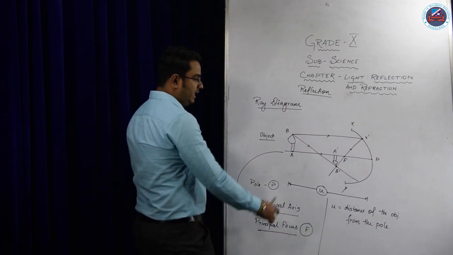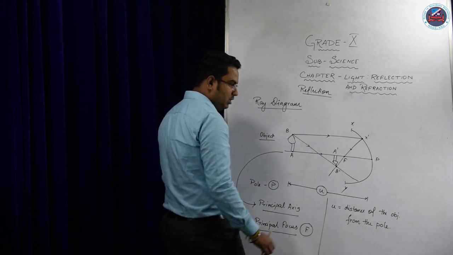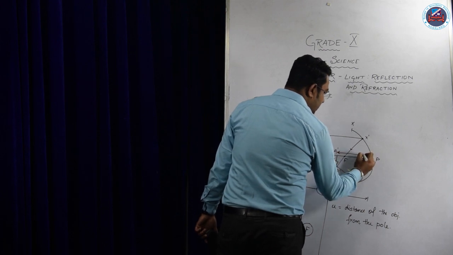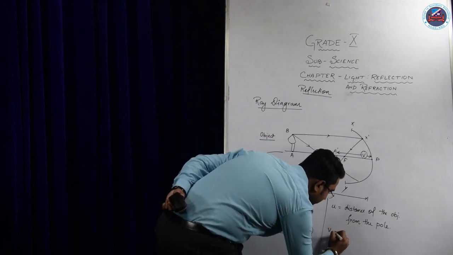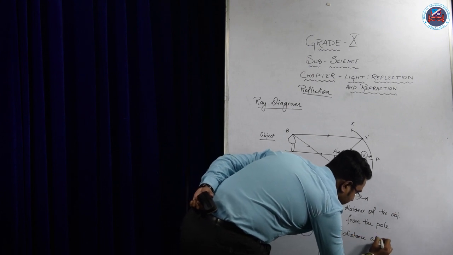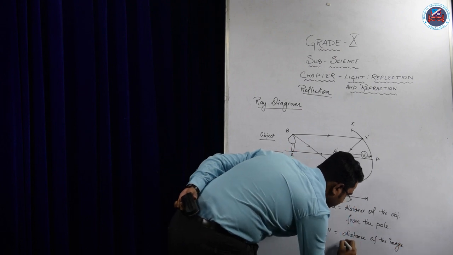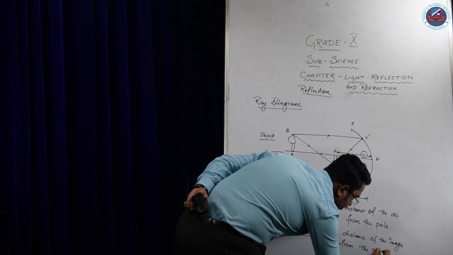Now, the image of the object AB has formed somewhere at point A dash. So from A dash till P, this distance will be marked with small letter v. So what is small letter v? v is the distance of the image from the pole.